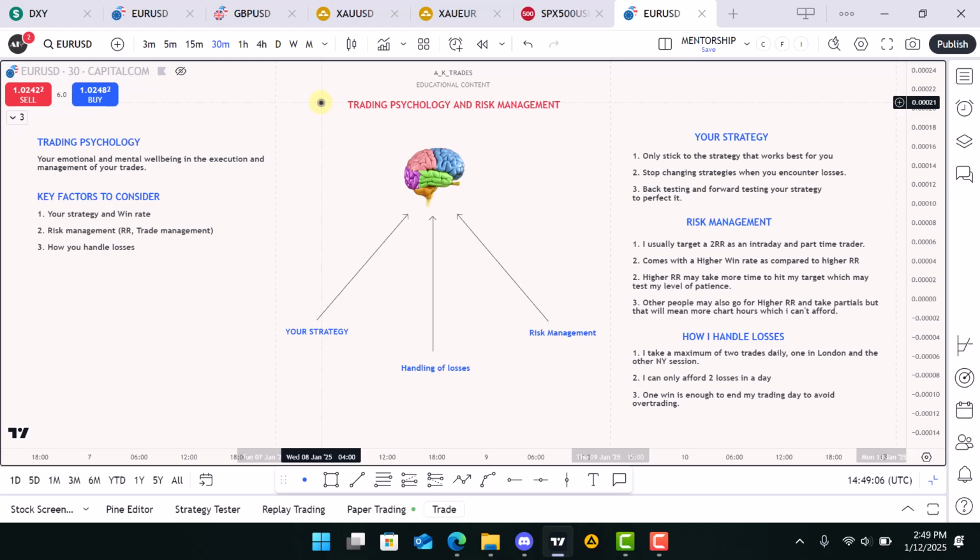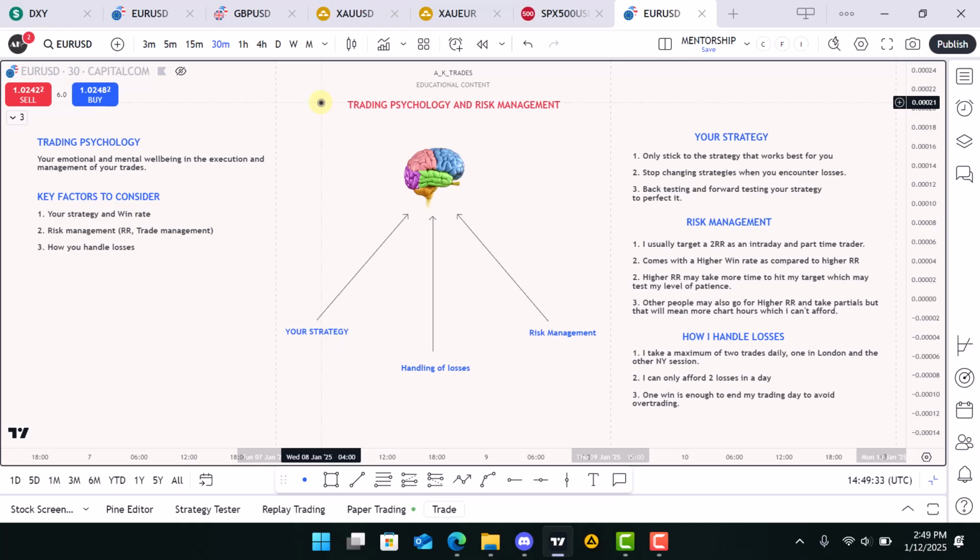You can have the most perfect strategy in this world, but when your emotional and mental well-being is not in the right frame, then this may affect your executions and then your trade management. Now, what are some of the key factors to consider when it comes to our trading psychology?